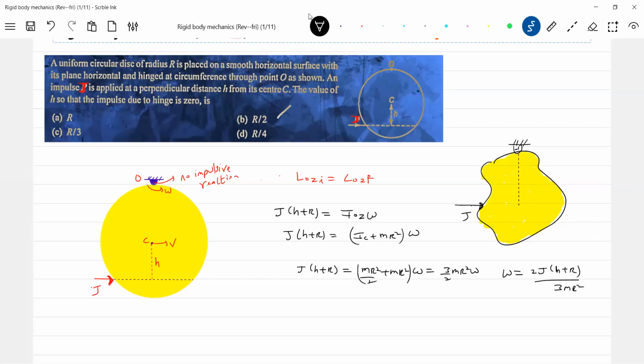Further, what will happen when we apply impulse? Only the center of mass must be in motion. So J is equal to MV. What is V? It is having only rotatory motion.